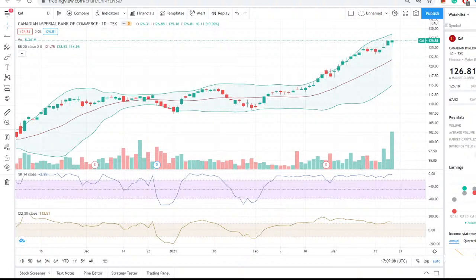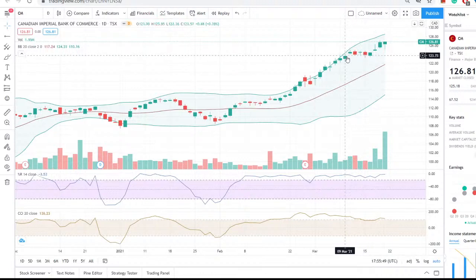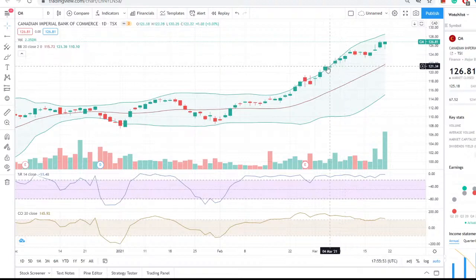At 120, you are at almost 3.5% profit, and that must have been a recent buy. Yeah, very recent. Exactly. So at 133, if you can get rid of all your stock position.